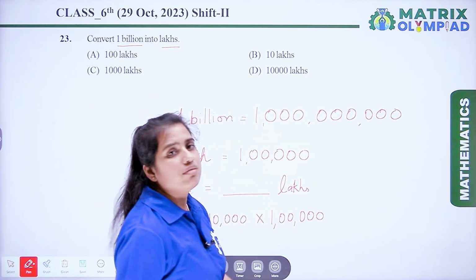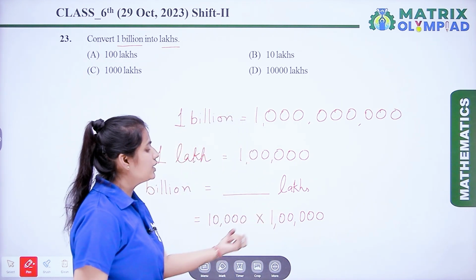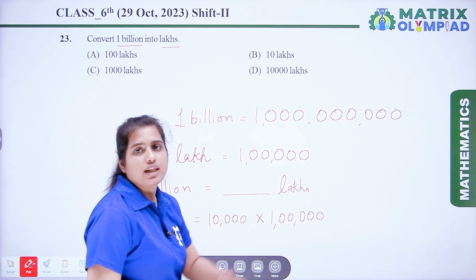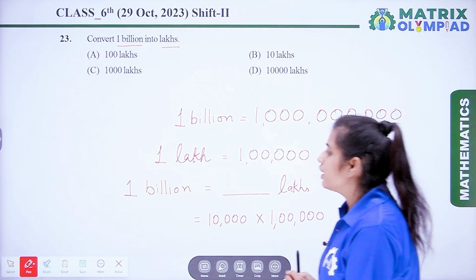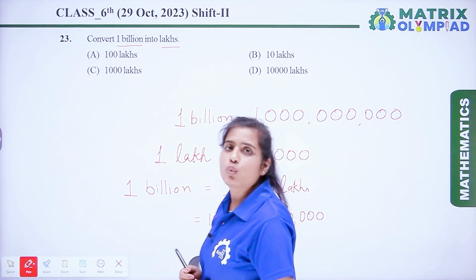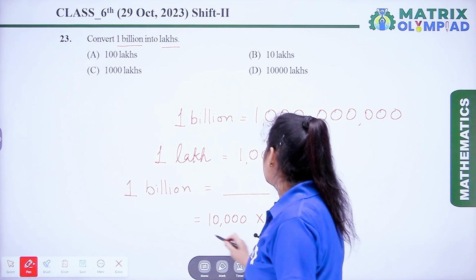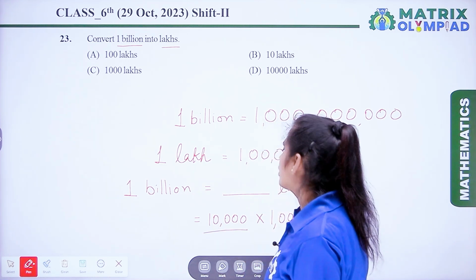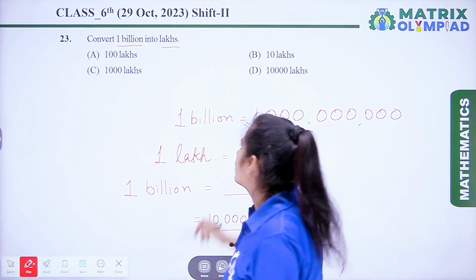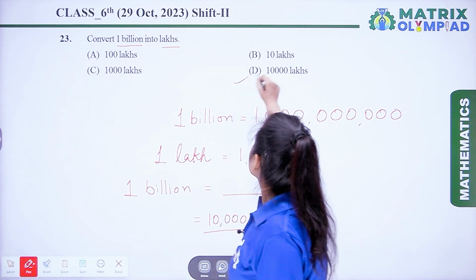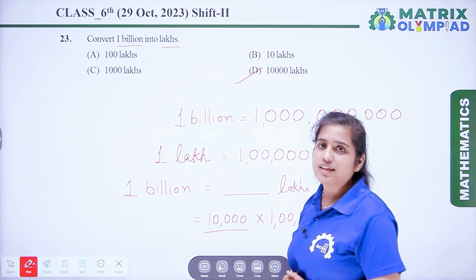We have multiplied 10,000 by 1 lakh so that we can know how many lakhs are required for 1 billion. So here 10,000 lakhs are required to make 1 billion. Here option D is the correct answer.